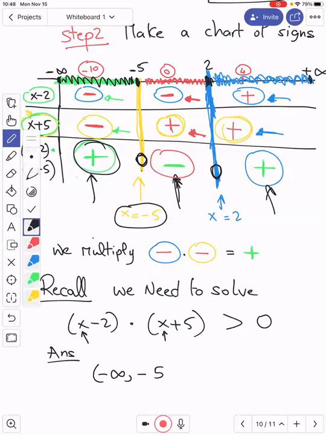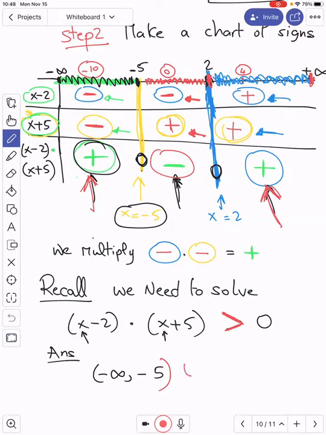And the inequality here is strictly larger than 0, so it cannot be equal to 0. So we need to exclude the -5, and I'm going to use parentheses for -5. That's my first interval. Now, the second interval where this whole thing is positive is from 2 to positive infinity, so the union, 2 to positive infinity.